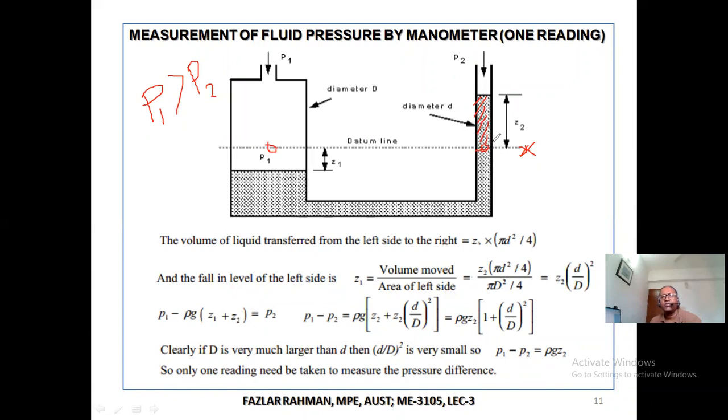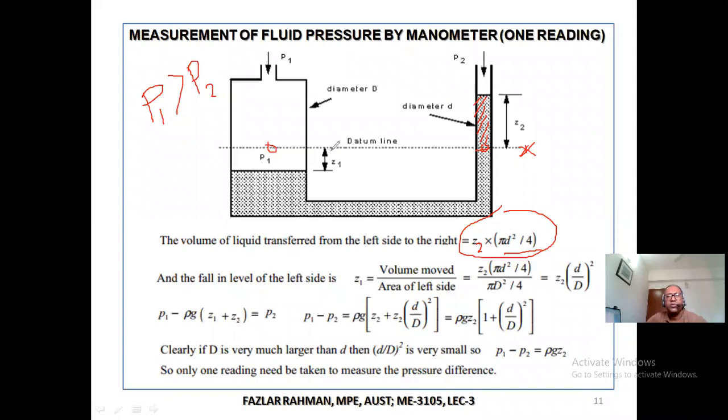So we can figure out this volume of the liquid. Diameter of this small tank is d, so area is pi d square by 4. And what is the height of the liquid? Z2. So this is the volume, and this much volume transfers from the left side to the right side.